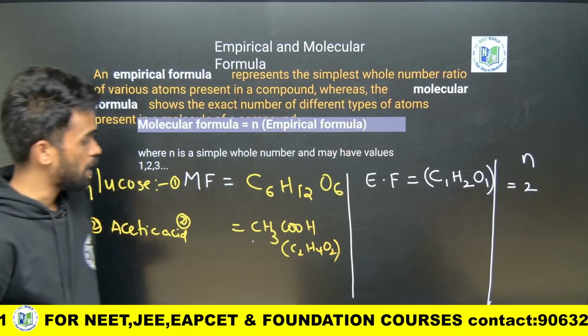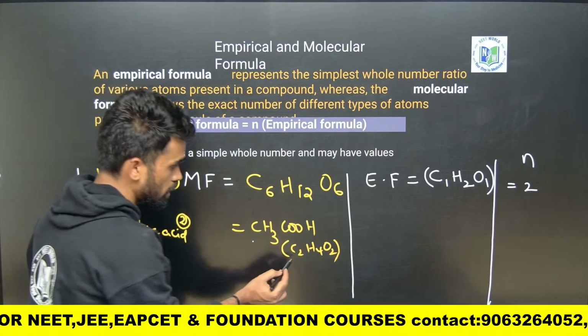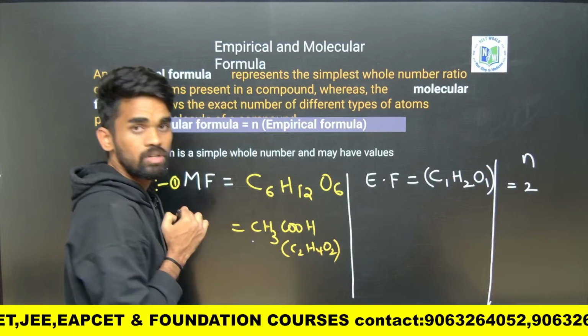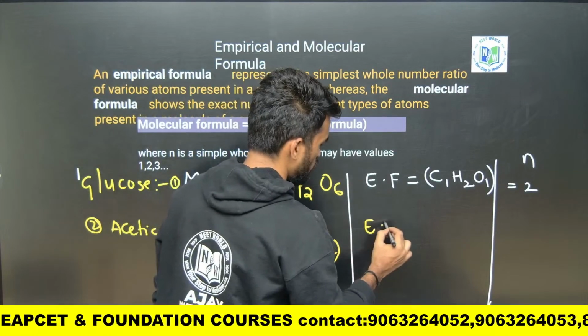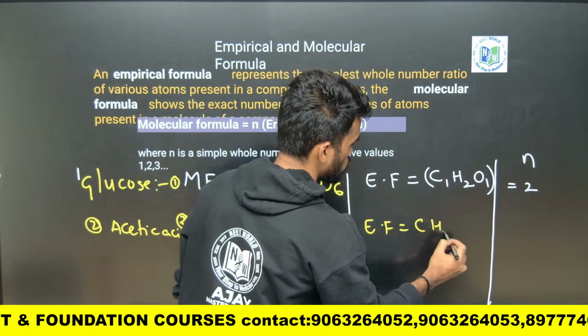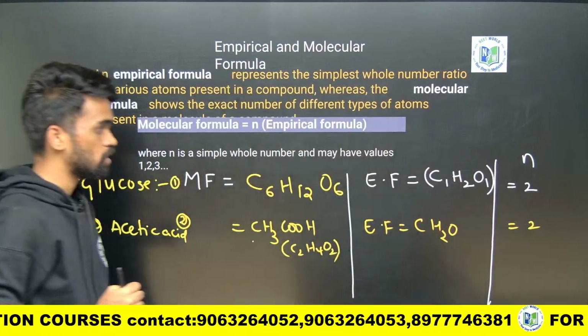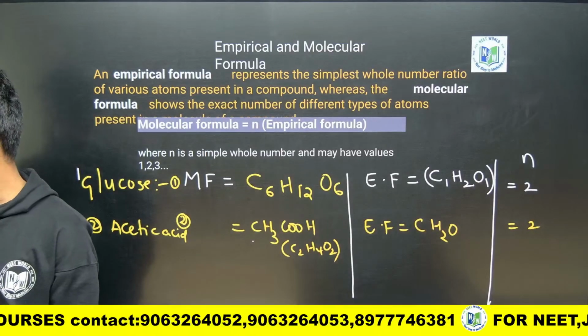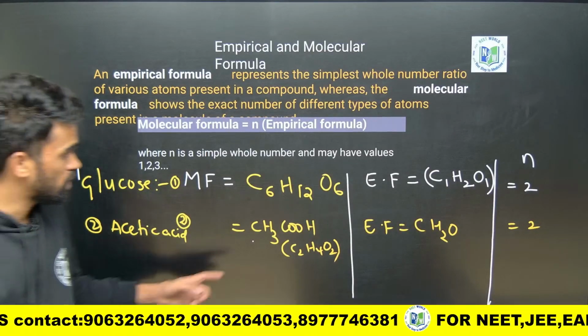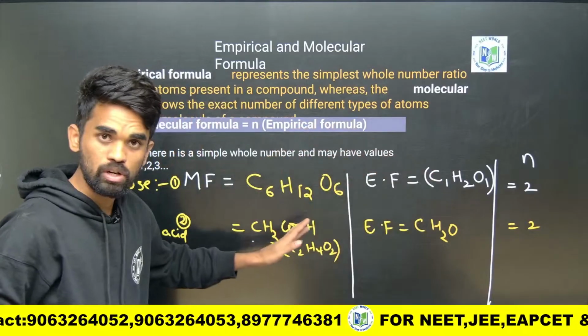Now what is its empirical formula? Again look here, that is also in 1:2:1 ratio. So empirical formula will be CH2O. Okay, so what is the n value here? That whole number is 2. Like this, if you understand everything, you will get the empirical formula and molecular formula.